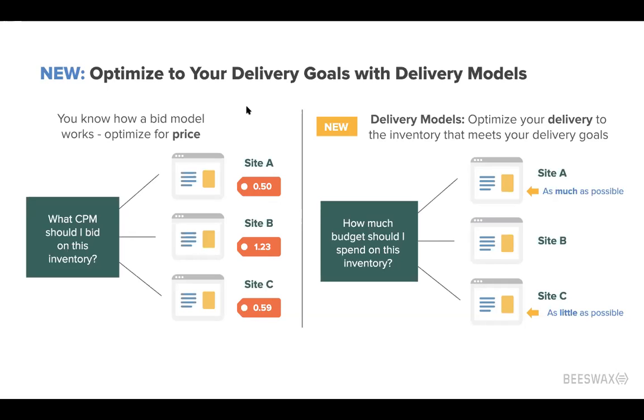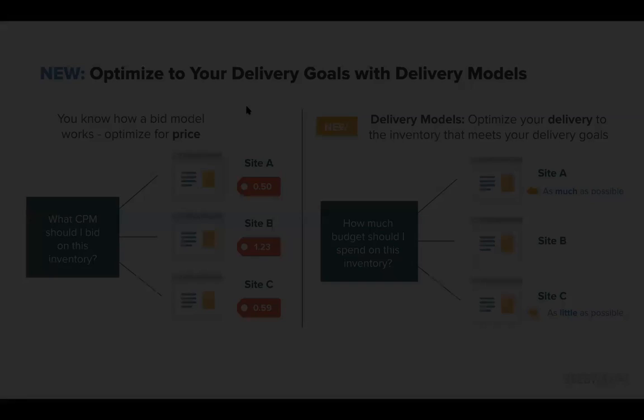So I may want to spend as much as possible on site A because it's performing better or just hitting my KPI, and as little as possible on site C. And I want to control that irrespective of my bid price. That's what delivery models aims to solve, is controlling that delivery independent of bid price. So that's a high level of what we're trying to solve with the feature.